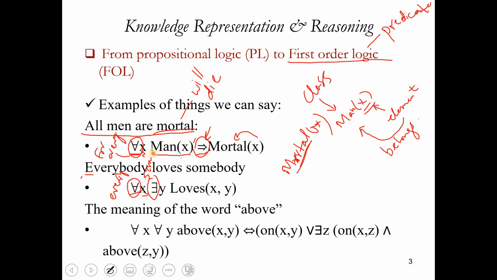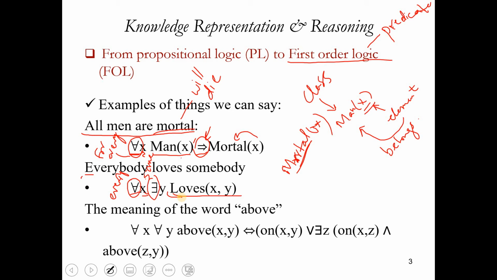So that was for every, and the other symbol is for some. So for every x there is some y where there is this relationship: loves(x, y).